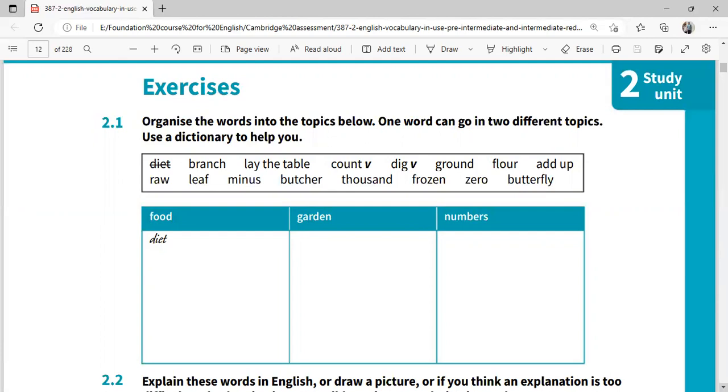Diet, food, branch, leather, table, count, dig, ground, flow, add up, raw, leave, minus, butcher, 1,000, frozen, 0, butterfly.